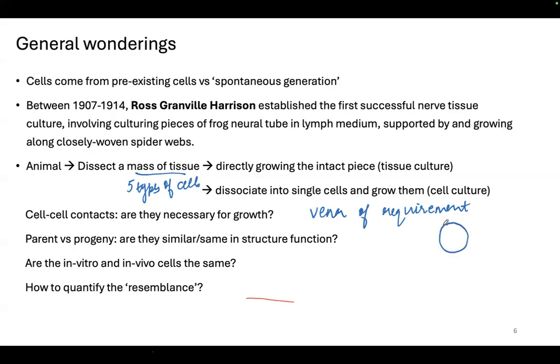Maybe one of the cells needs a lot of things, it's very complicated. Something needs this one. Maybe one of them needs like this. Maybe one of them has something very, very different.